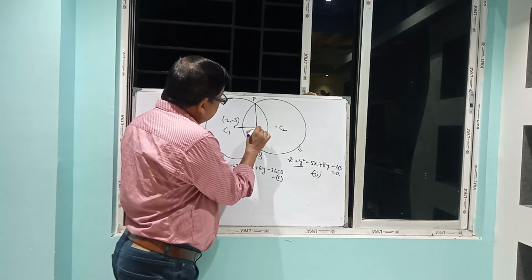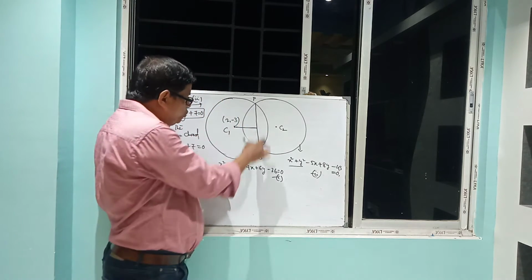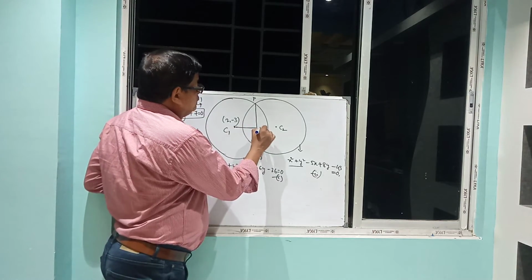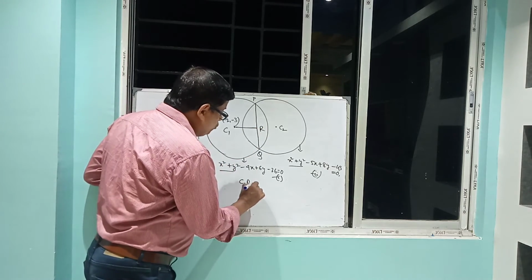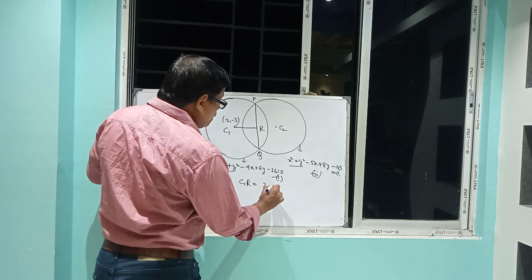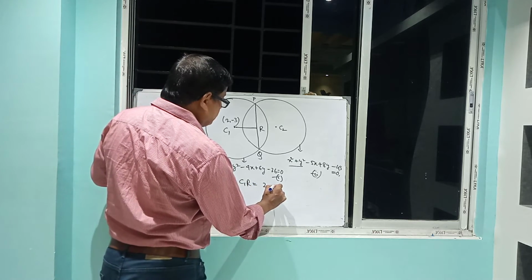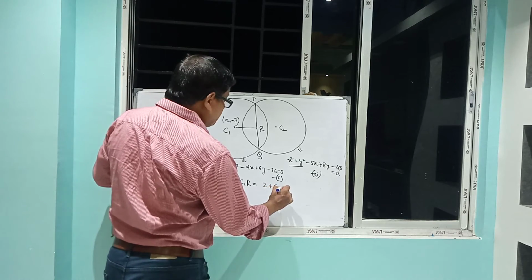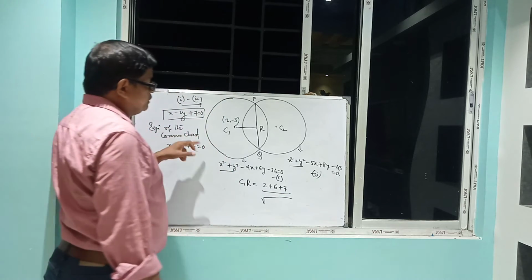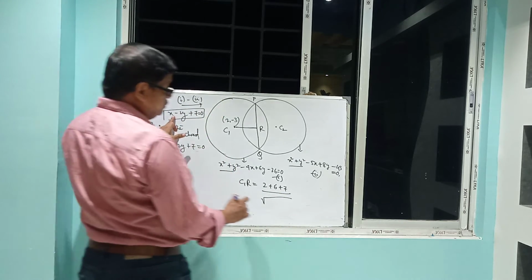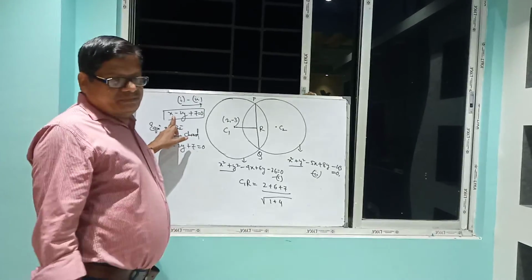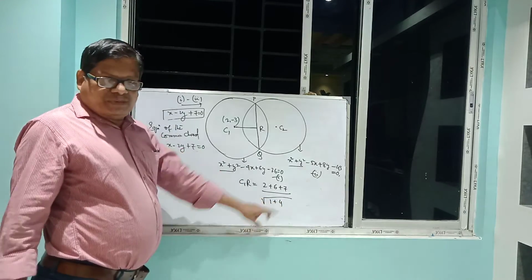Suppose this is C1 and this is R. So C1 to the line: just put x equal to 2, minus 2 into 3 is 6, plus 6 plus 7, divided by root under a square plus b square, that is 1 plus 4, minus 2 whole square positive.